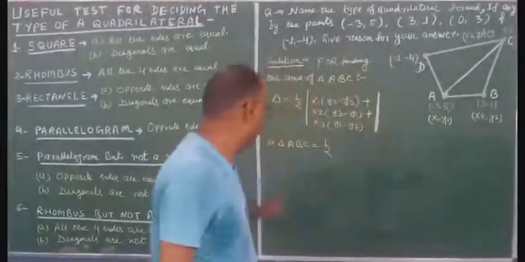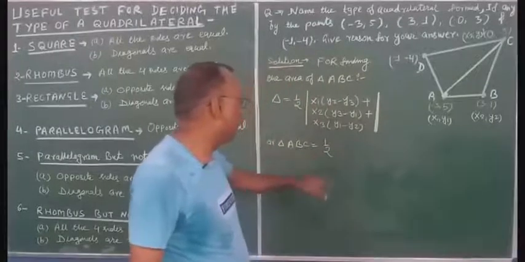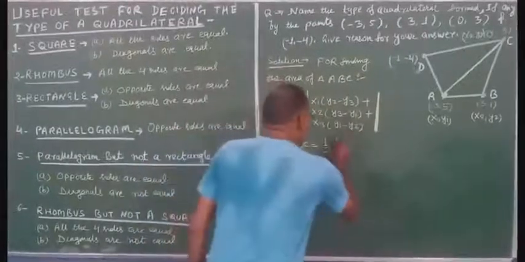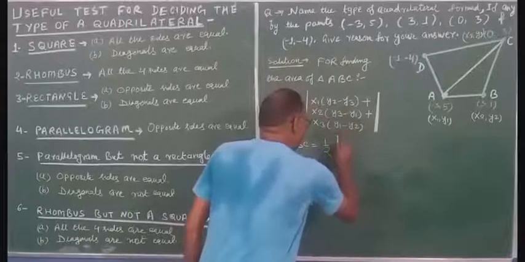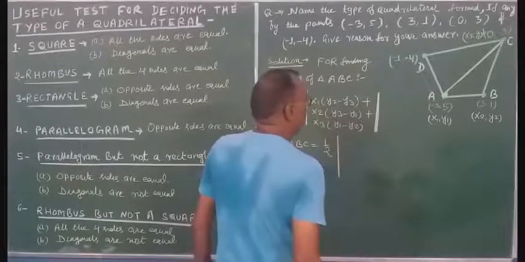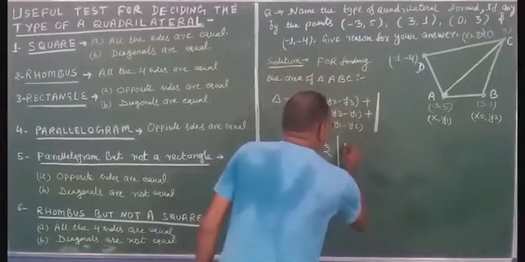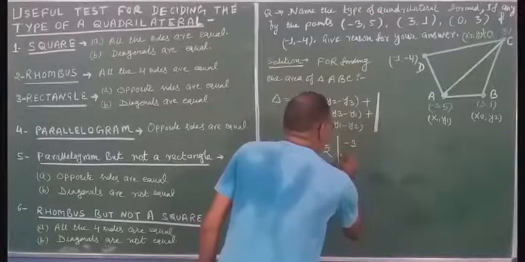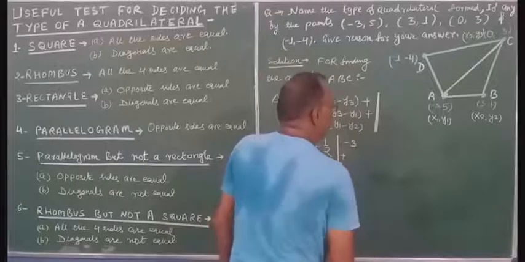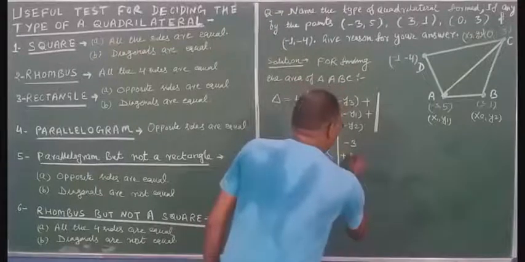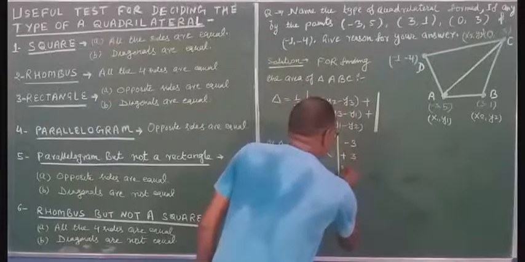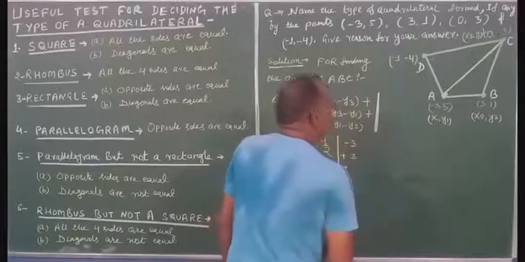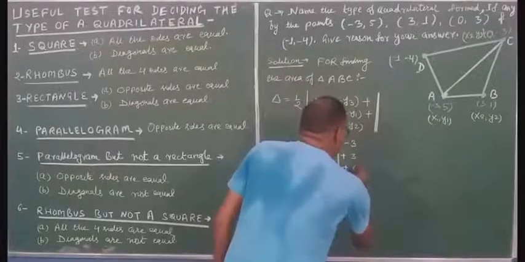Now the area of triangle ABC will be half, and just look here. What is your x1? Minus 3. You write here minus 3 as x1, write here x2, that is 3, and write here x3, that is 0.